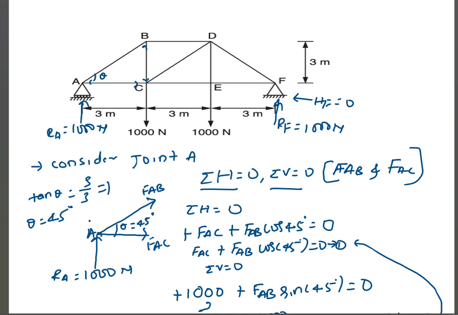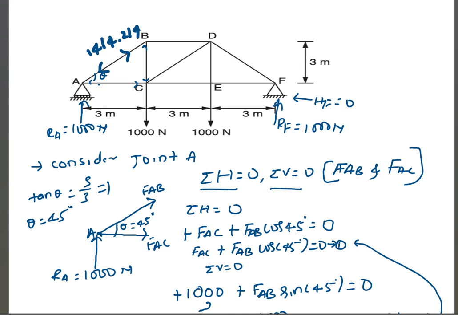What type of force is present in the member FAB? That is a compression force. Compression force means the arrow mark should be towards the joint, and the force is 1414.214 Newton.